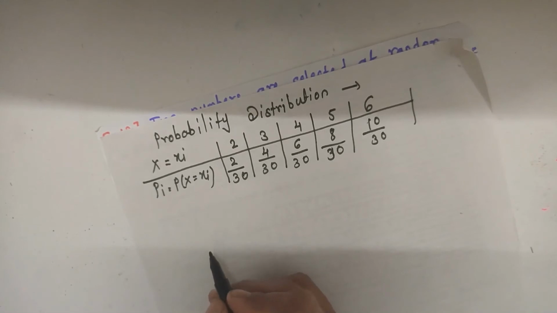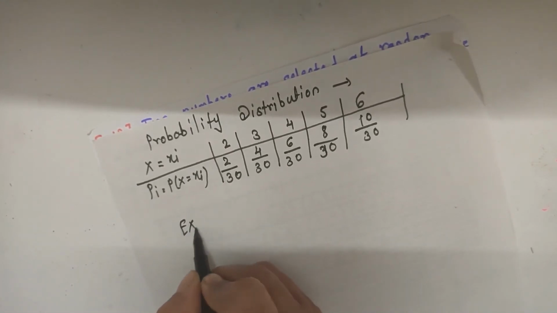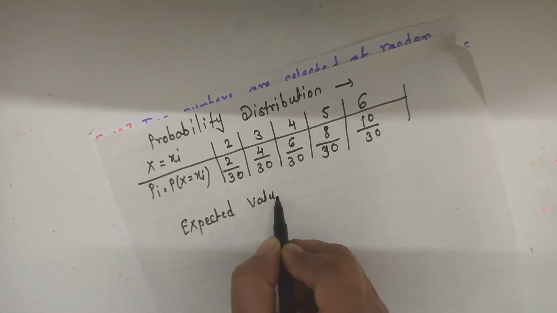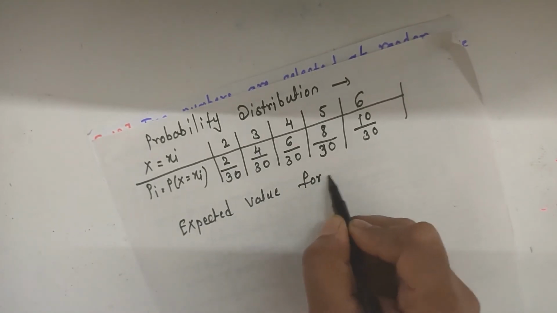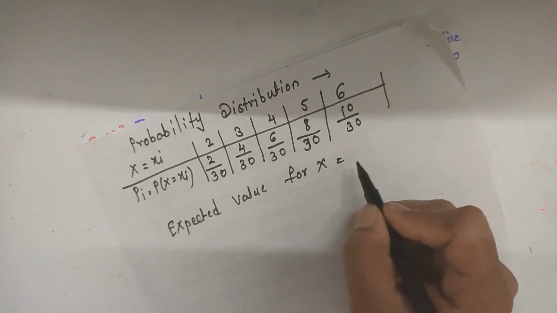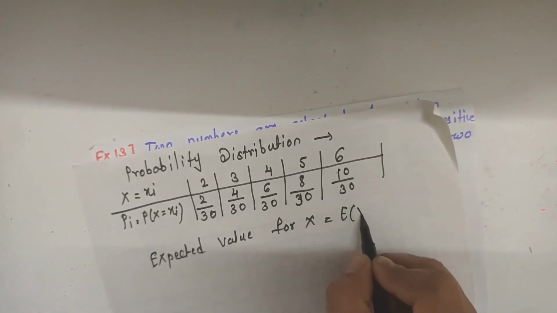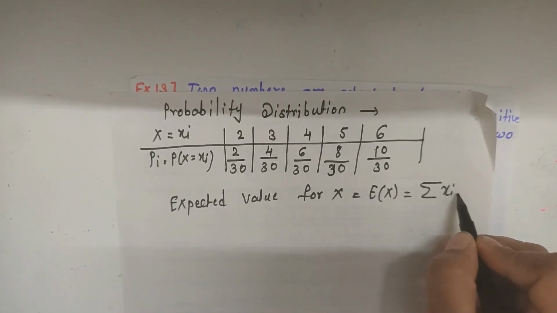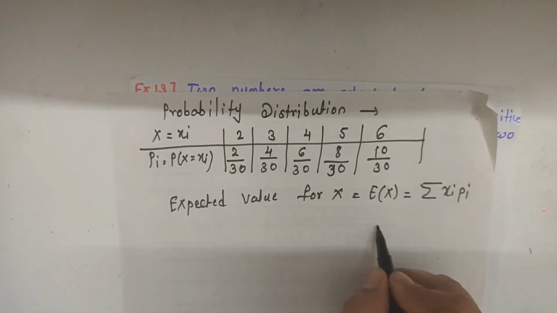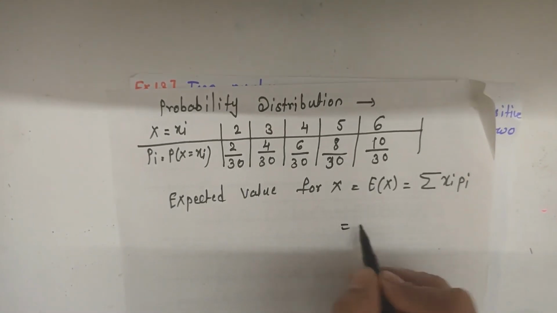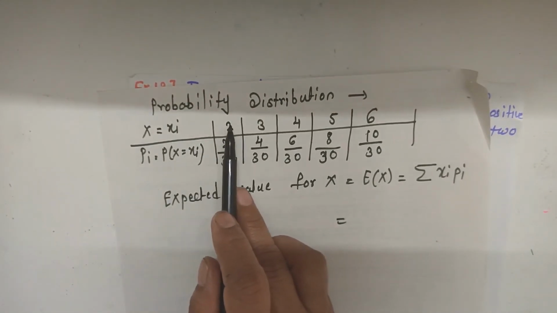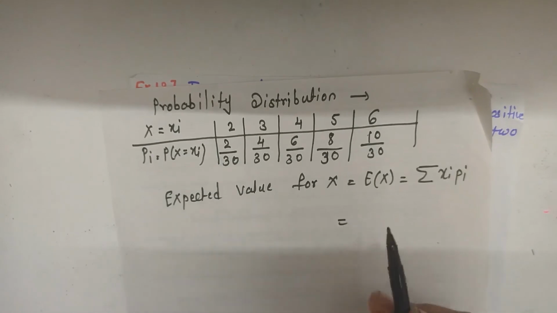Now the expected value for x, that is E(x), is equal to the summation of xi into pi, and this xi pi is the product of the value of x into its corresponding probability.